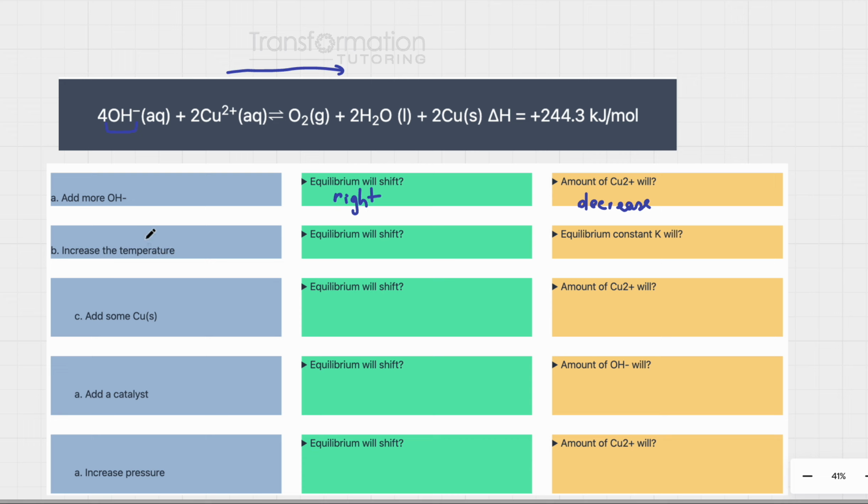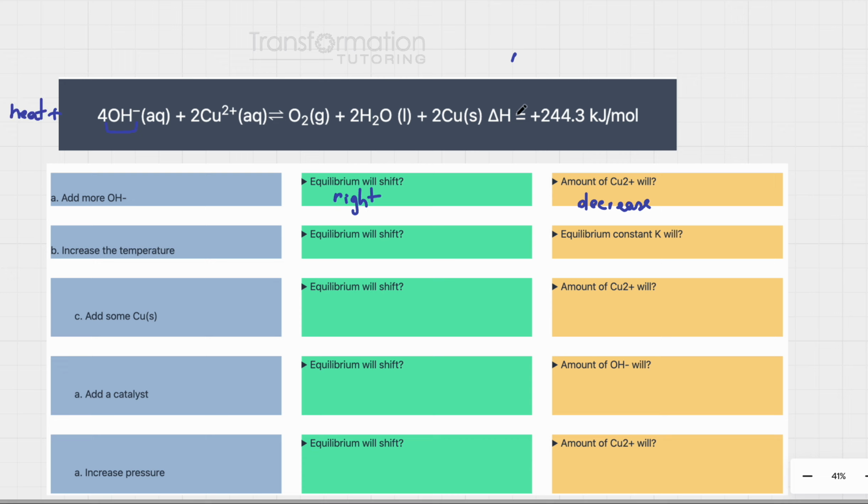Next, they're asking about increasing the temperature. So how do we deal with temperature? What we need to do is we need to look at delta H, which is change in enthalpy. And if delta H is positive, we add heat to the reactant side, to the left side. So here it is positive. I'm just going to add heat.